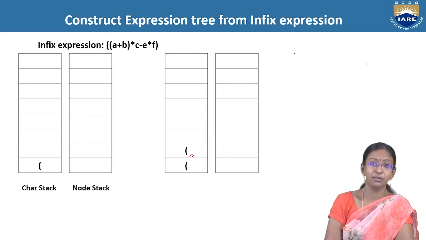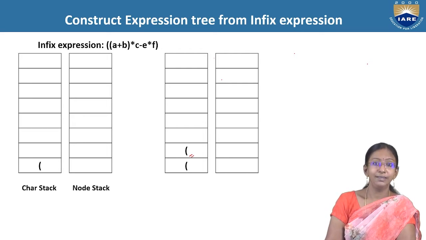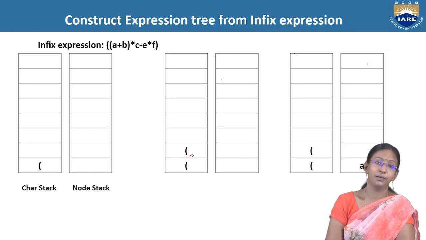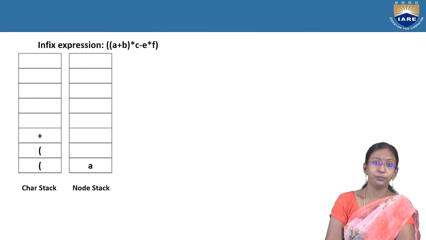A is the next token. As it is an operand, push it into the node stack. This is the current position. What is the next one? It is addition, which is an operator. Push it on the head of the character stack.